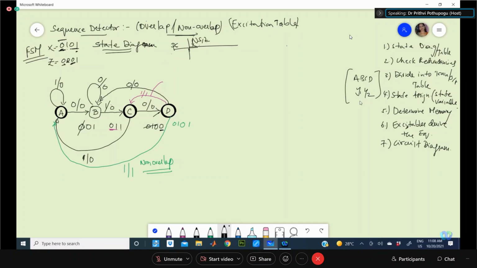Here what we have to do is define, that means derive the excitation table and equations.